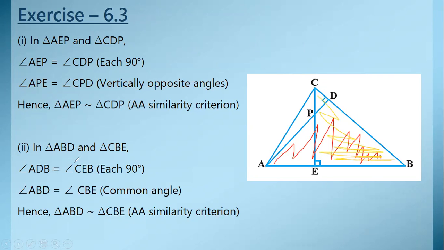Now for this, we have angle ADB 90 degrees and angle CEB 90 degrees. In ABD and CBE, angle B is a common angle. One is 90 degrees, another is angle B common. Therefore, triangle ABD is similar to triangle CBE, again by AA similarity criterion.